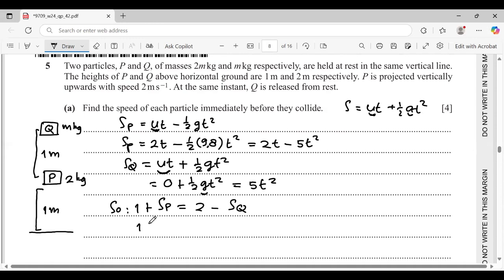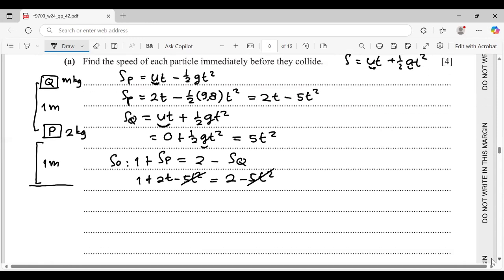So it means 1 plus 2t minus 5t squared equals 2 minus 5t squared, becomes 0. And you can determine 2t equal 2 minus 1. So it means t, this is 1, t equal 1/2.